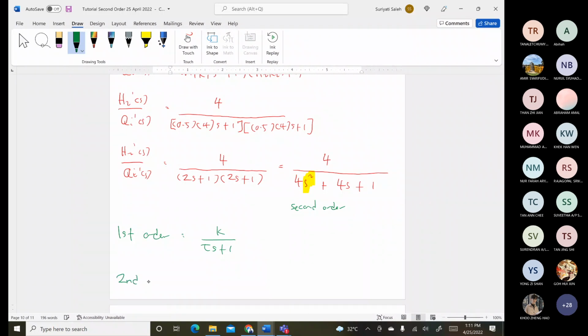For the second order, this is your standard form. Based on this, we have K, still called process gain. You have tau square, and this tau is called time constant, still the same thing.